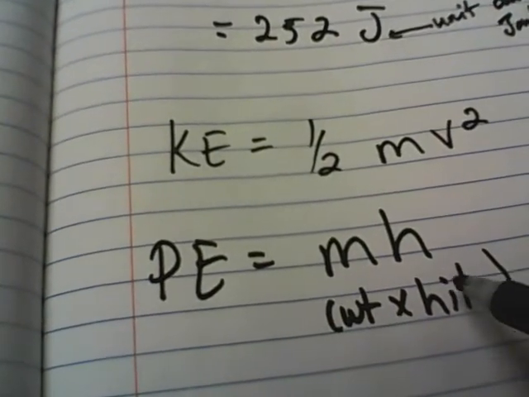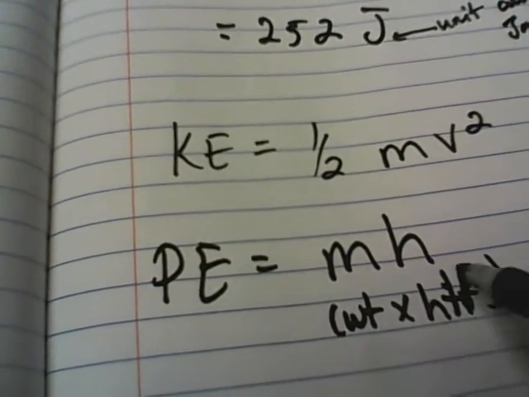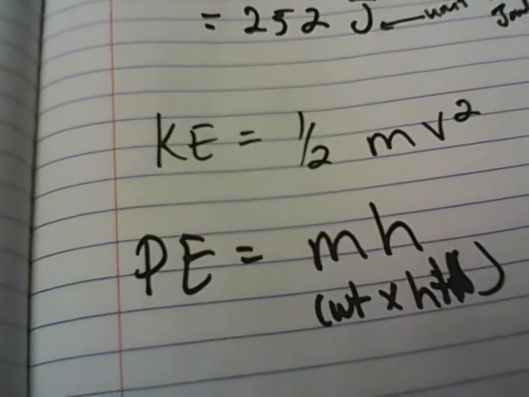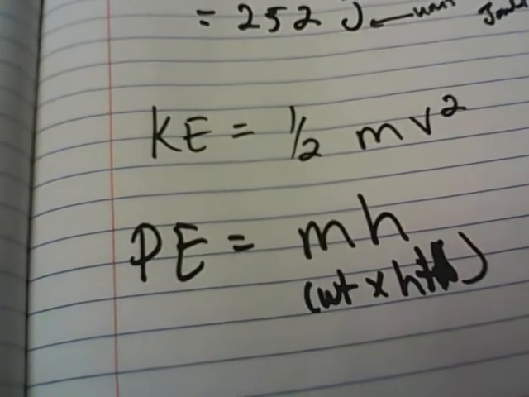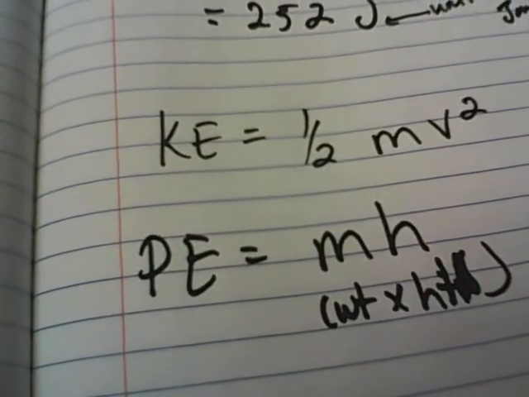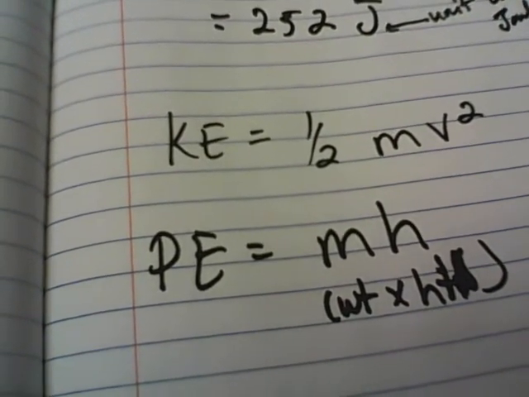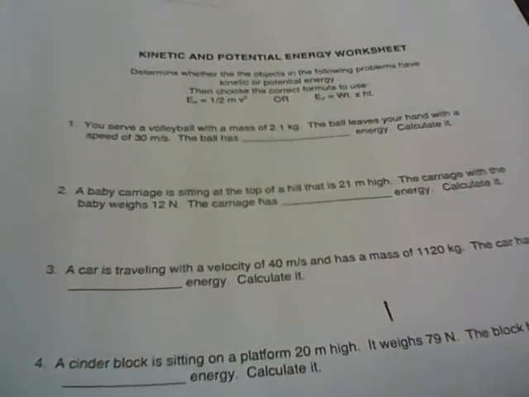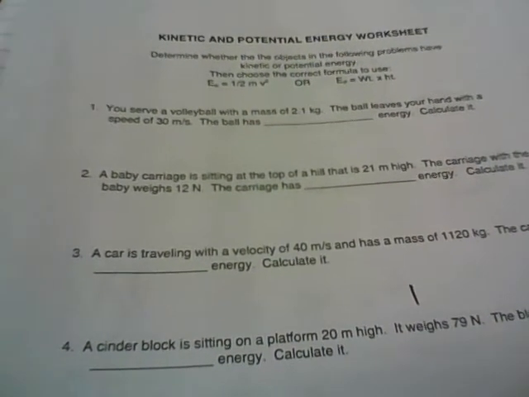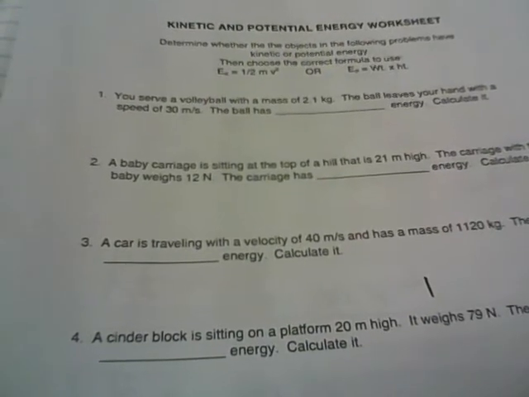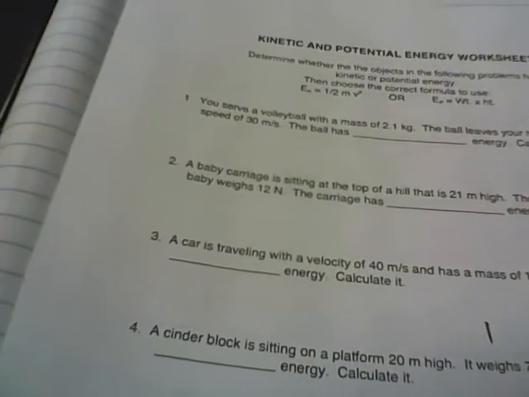And so once you have these two and your worksheet in front of you, you work out those problems, then you should, in essence, have no problem. So this is for the kinetic energy and potential energy worksheet. And so we'll move from here to our next worksheet. All right.